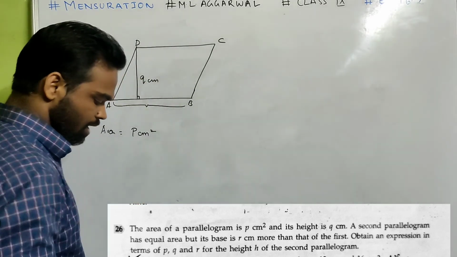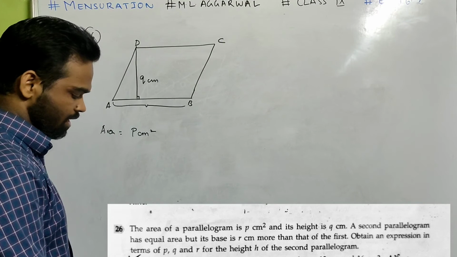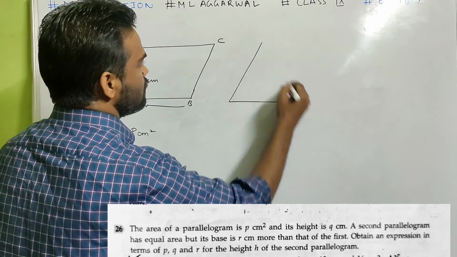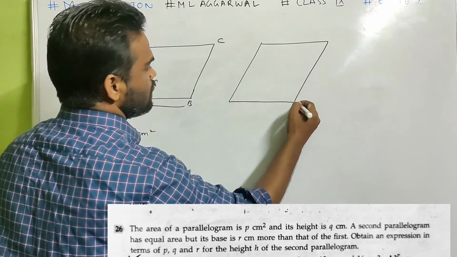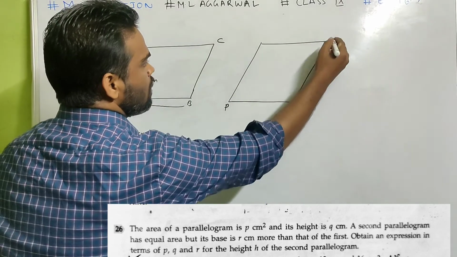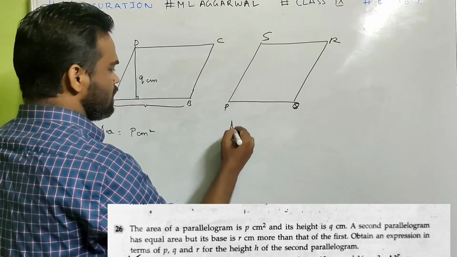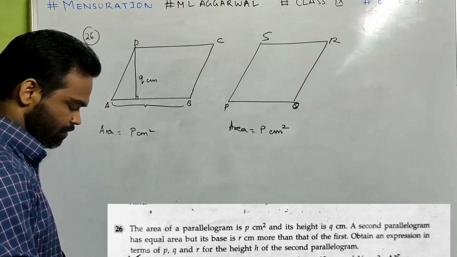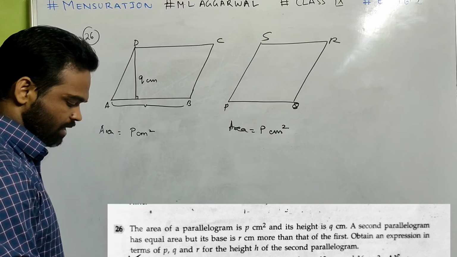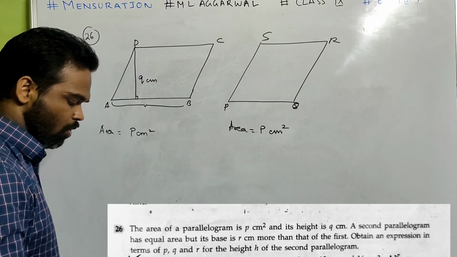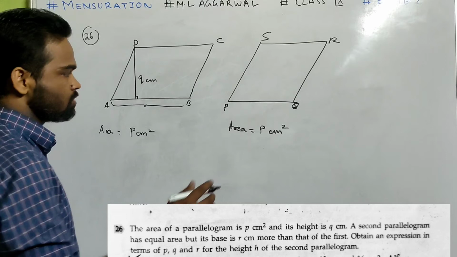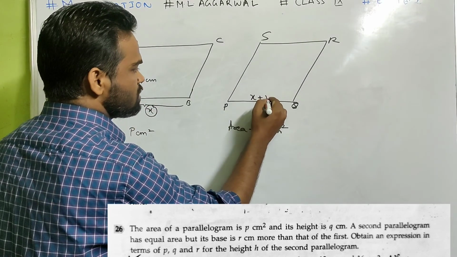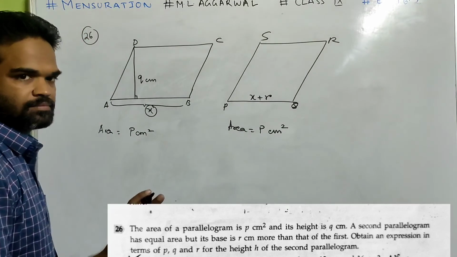A second parallelogram has equal area. A second parallelogram I draw, P, Q, R, S. Again, area is same. Area is P centimeter square, but its base is R centimeter more than the first. So if this base is X, this is X plus R, isn't it?